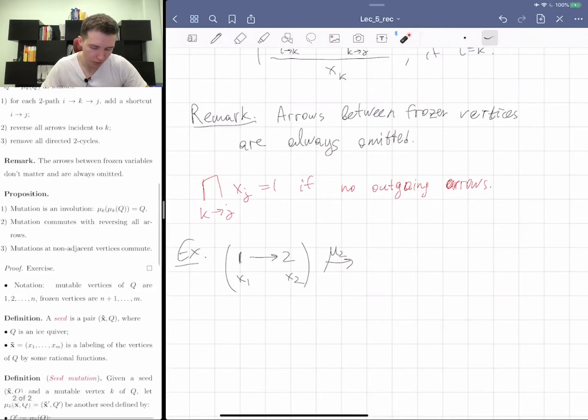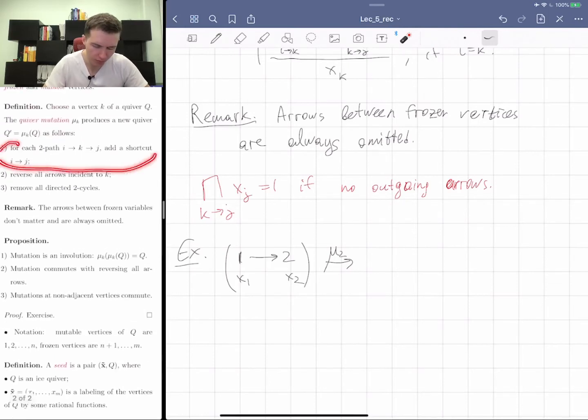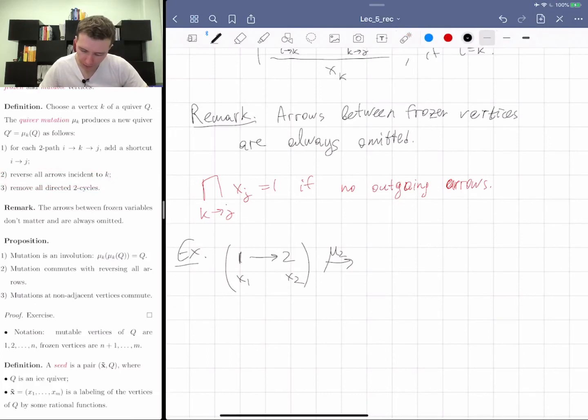The only step that matters is the second step, where I reverse all the arrows. And the quiver I'm going to get is going to look like this.